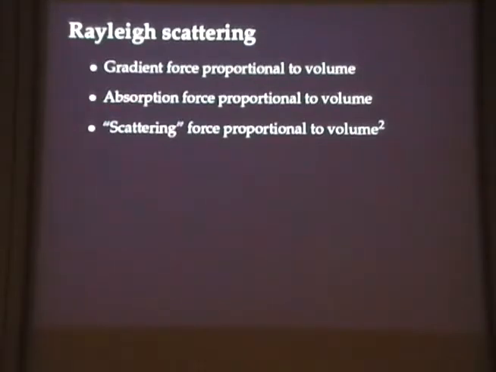So this is for small particles. This tells me if the particle is too absorbing to trap, I don't win by going to a smaller particle. I don't win by going to a larger particle. If it's too absorbing to be trapped, if the absorption force is bigger than the gradient force, I just won't trap it. The particle will be pushed out of the trap.